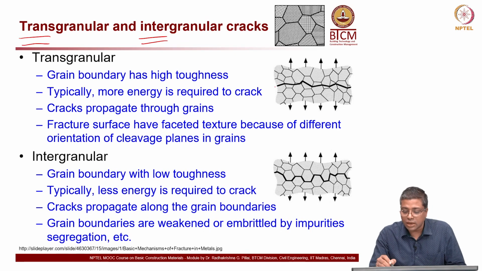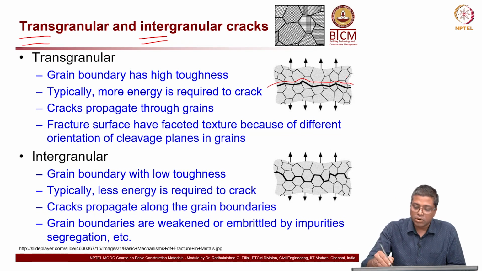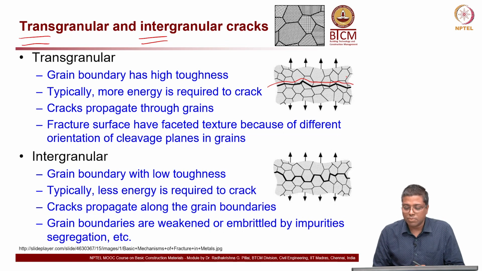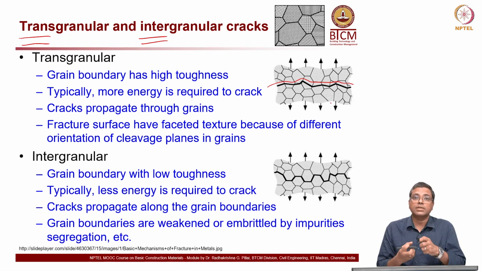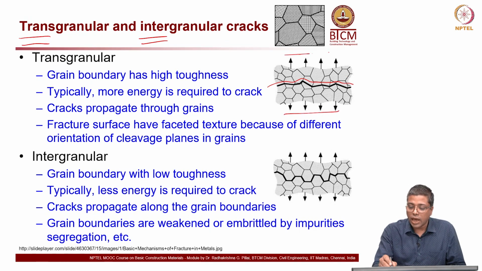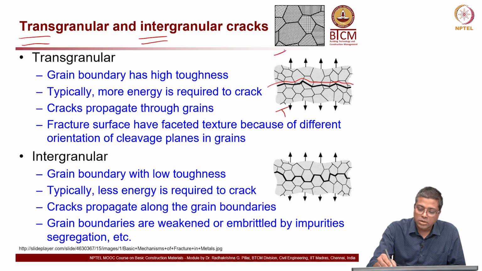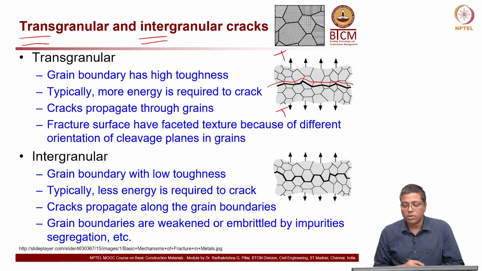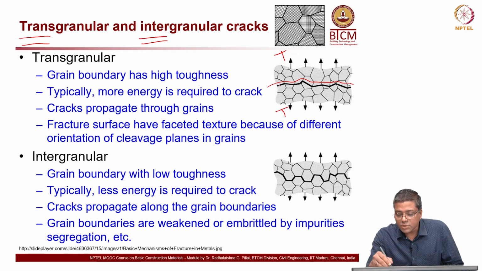You can see this thick black line in this drawing on the right side top. The arrows indicate the tensile force which is acting, so I'm going to call it T here. It is being pulled in the vertical direction, and then there is a crack happening. That's the thick black line on the drawing.